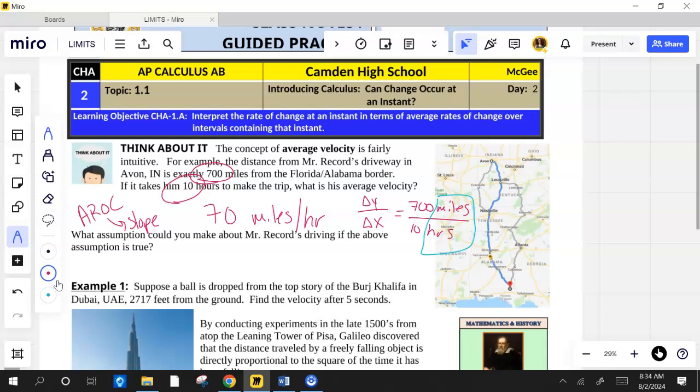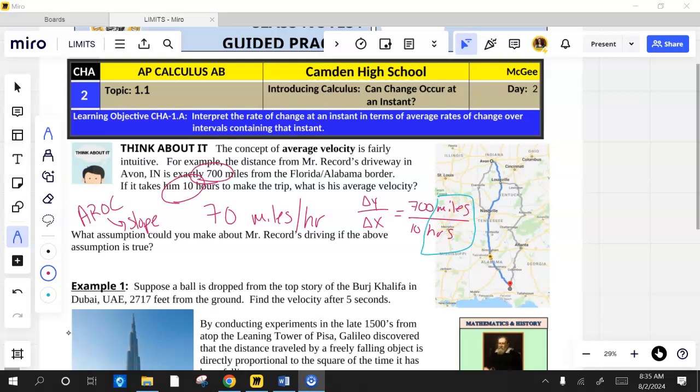All right. Tell me what we can assume here and tell me why. I'm going to assume at some point he sped, right? Because do you always go the same speed? So we can assume that at some point he's speeding, right? He probably went really slow at some point, but he probably also went fast.